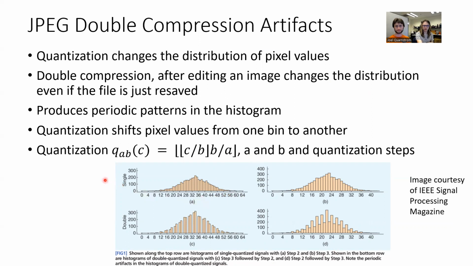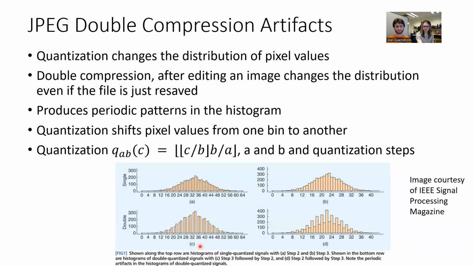and this introduces a change in the distribution of the pixel values. This top row of distributions shows the result of the histogram after a single round of JPEG compression. But the second row shows a distribution of the same image, but having been saved twice. No other manipulations have been done to the image. It's just been saved twice.